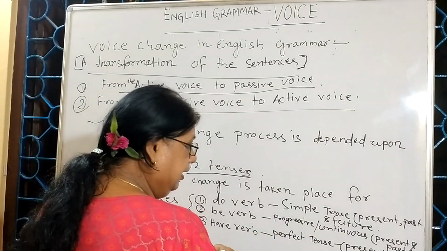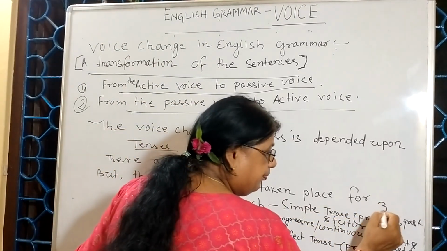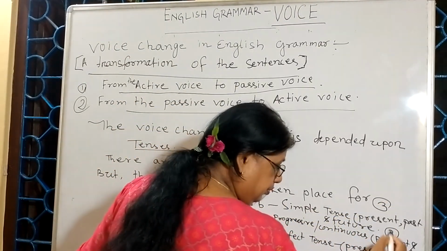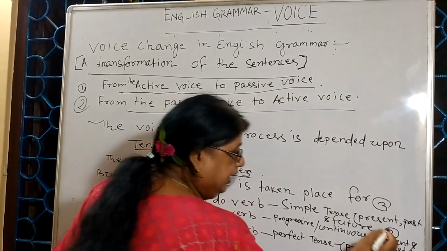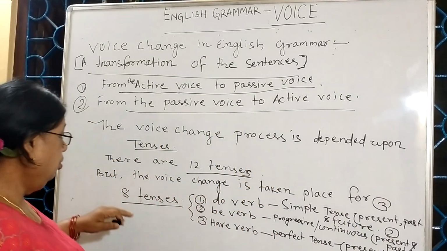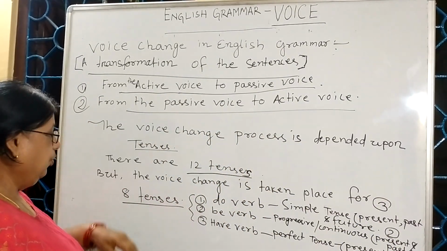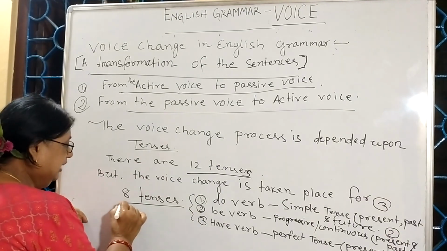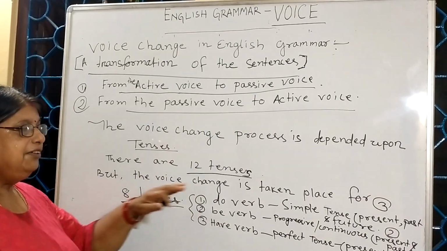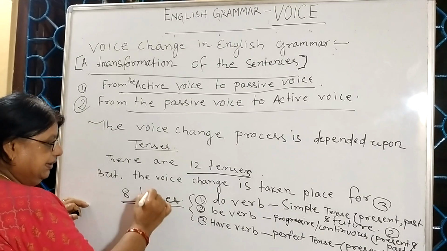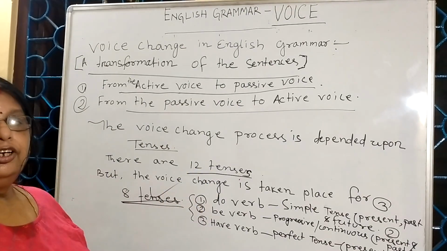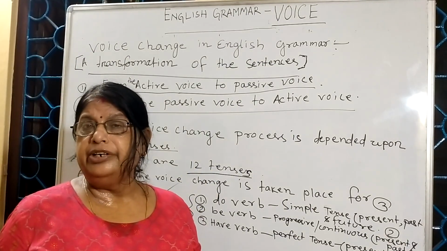That means here 3, here 2, here 3, total 8. So we came to know that the voice change takes place for 8 tenses. So are you clear, my dear students?